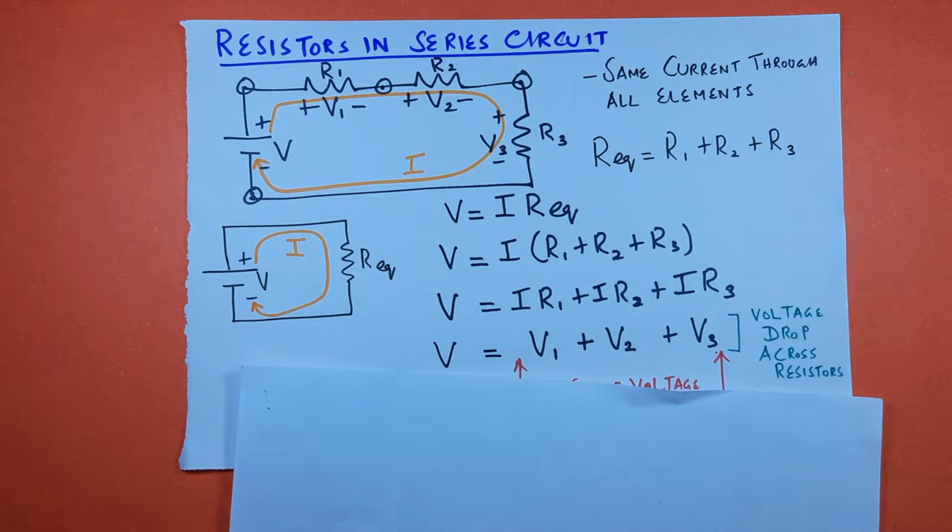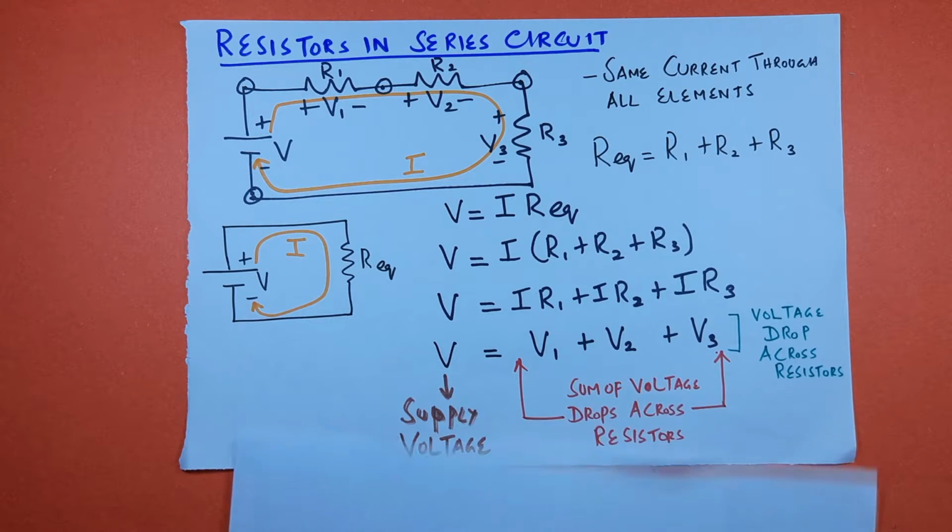So V1, V2, V3 are nothing but voltage drops across resistors. You can recall what I have already told. Whenever current passes through a resistor, a voltage will be dropped across the resistor. The entry point of current is plus, the exit point is minus. So in between you have the voltage drop.